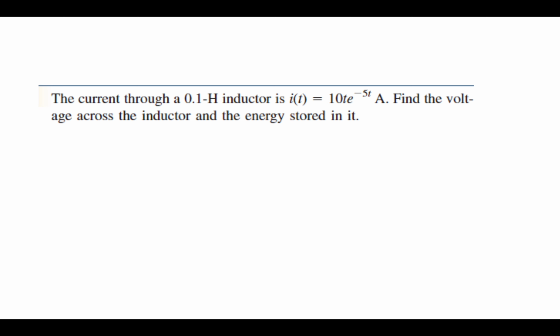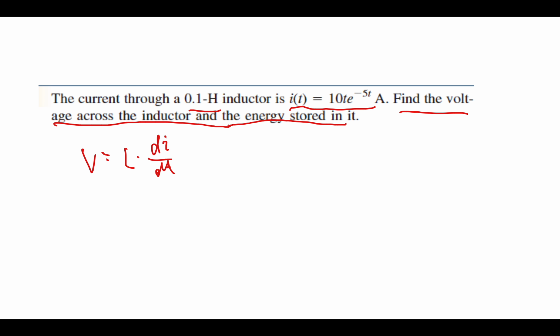Here the current through a 0.1 Henry inductor is given, and we need to find the voltage across the inductor and the energy stored in it, so that we can use the equation V equals L times di/dt. So L equals 0.1, and we plug in the value for i.